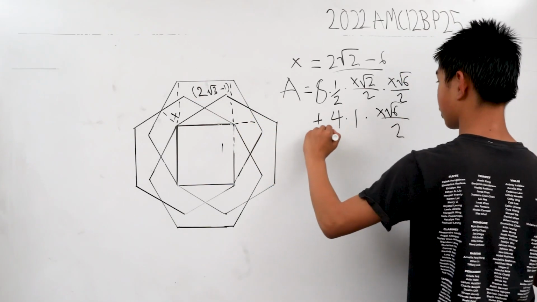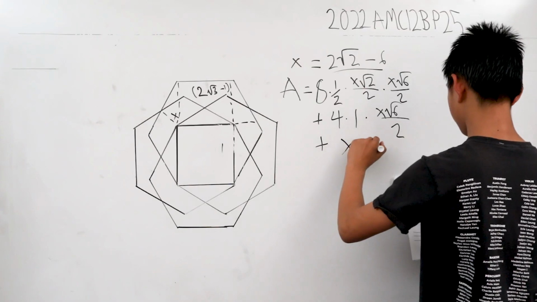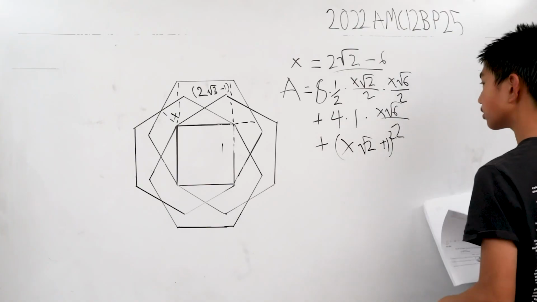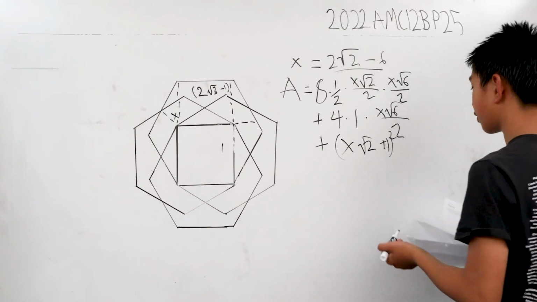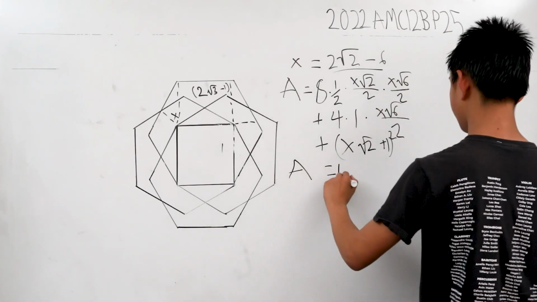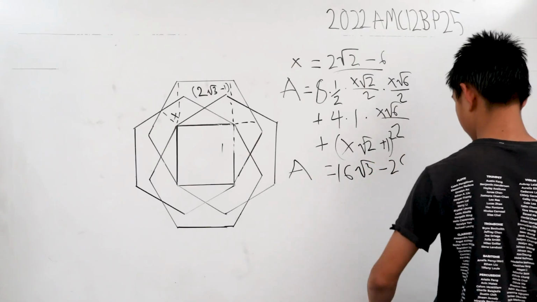And then you have to also add the other area, x root 2 plus 1 squared. When you add these all up and substitute for the value of x, you get that the whole area is equal to 16 root 3 minus 23.